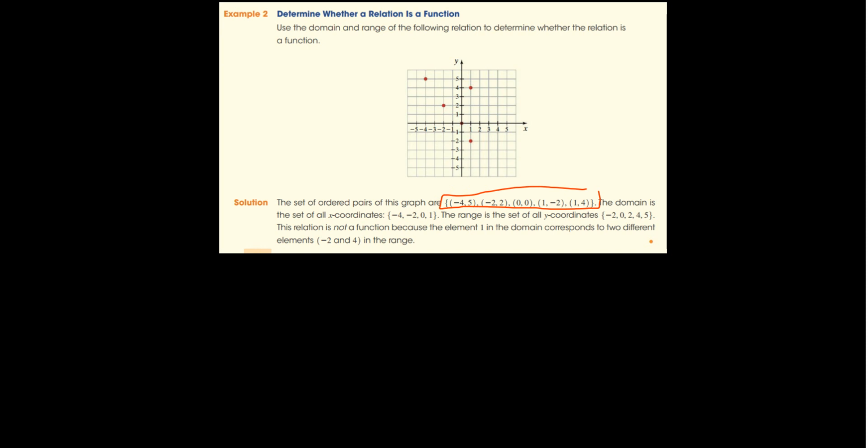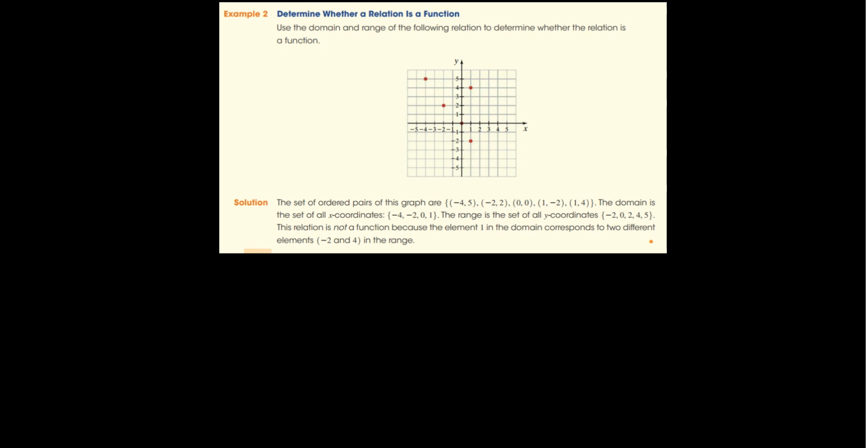If we look at these ordered pairs, notice that we have a -4, a -2, a 0, a 1, and a 1 again. So we repeated x's. In order for this to be a function, those 1s have to go to the exact same one, only one corresponding value in the range. Well, one of the 1s goes to a -2 and one goes to a 4, and that tells me right away that this does not express a function.